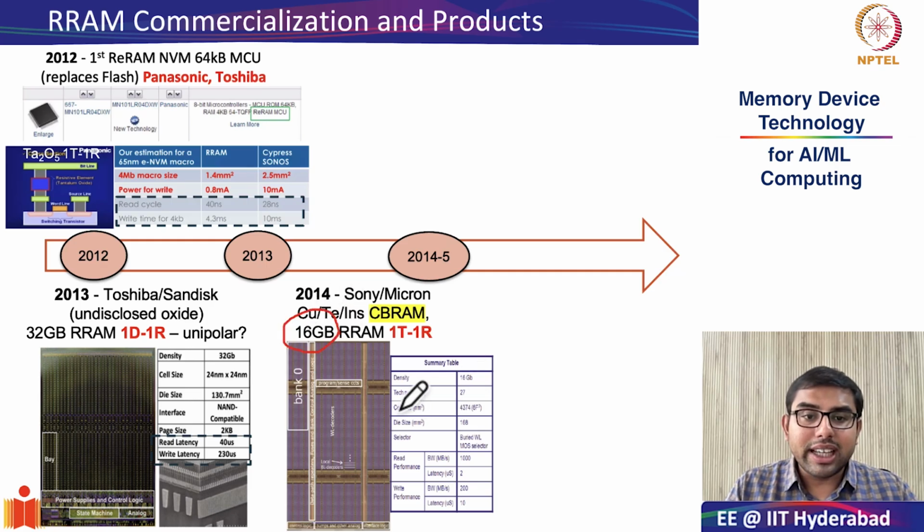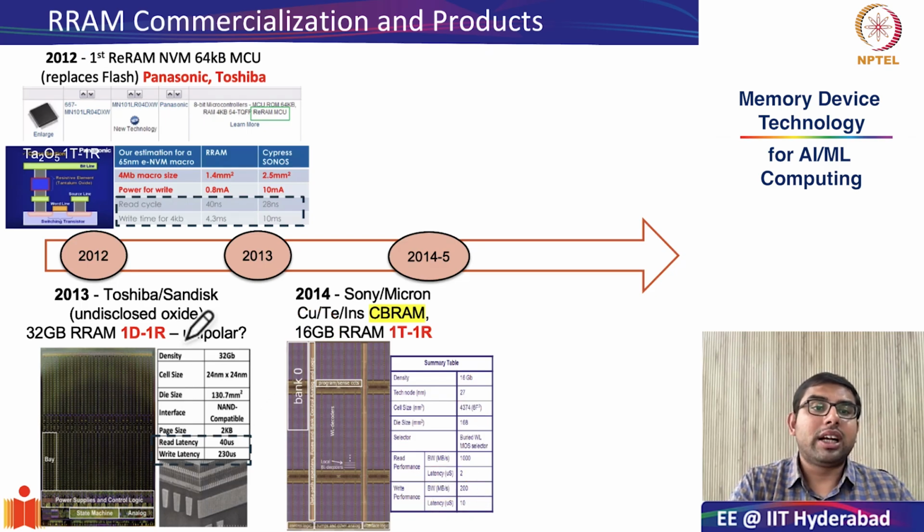What was very interesting is that this particular RRAM array was able to achieve an area scalability of 6F squared, and this was done at the 27 nanometer node. Also, what was significant is that the read latency and write latency of 2 and 10 microseconds was a significant improvement from the previous demonstrations of large-scale integration of RRAMs.